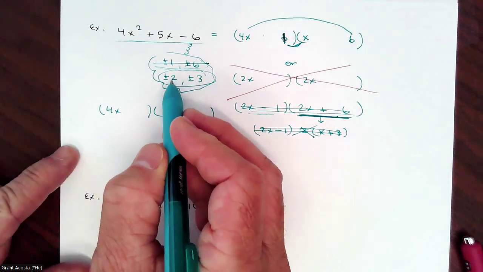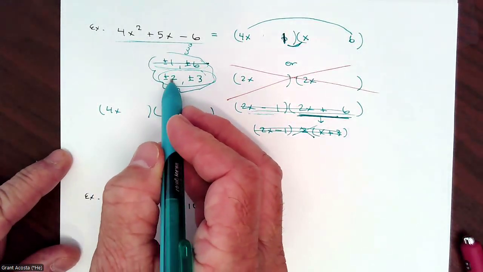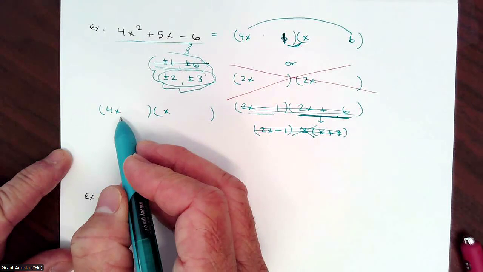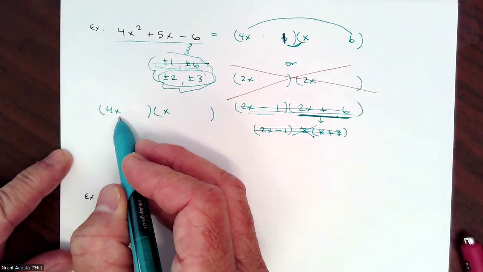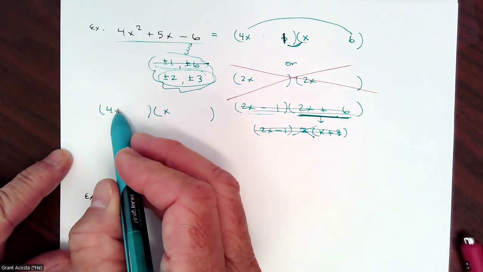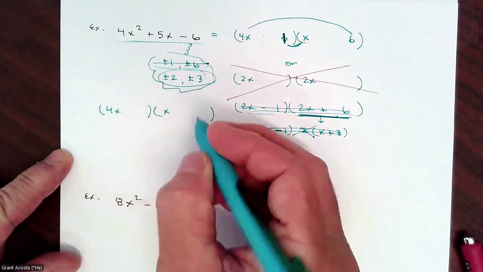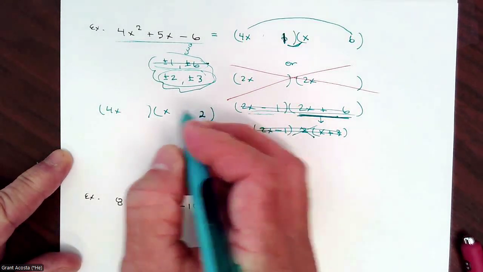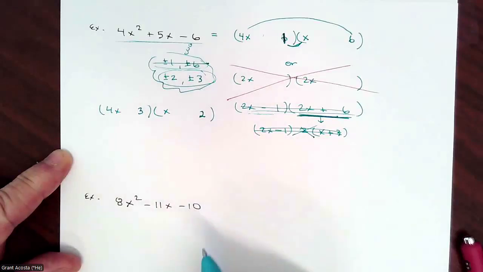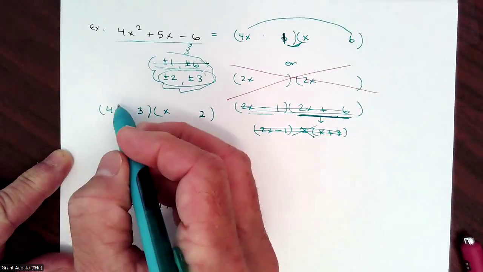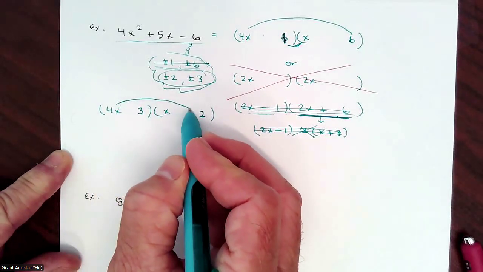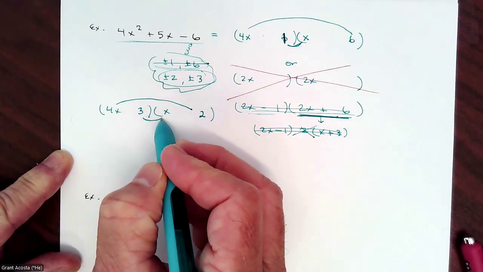And then using that same idea, if I use the 2 and the 3, where does the 2 have to go? If it's going to work, it can't go here. The 2 and the 4 would have a common factor, so it's going to have to go there. The 3 is going to have to go there. Let's see what we have for our middle terms. We have an 8x and a 3x.